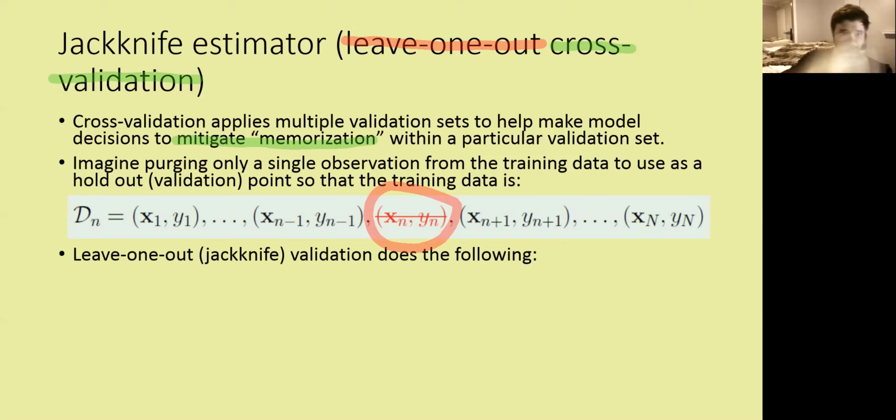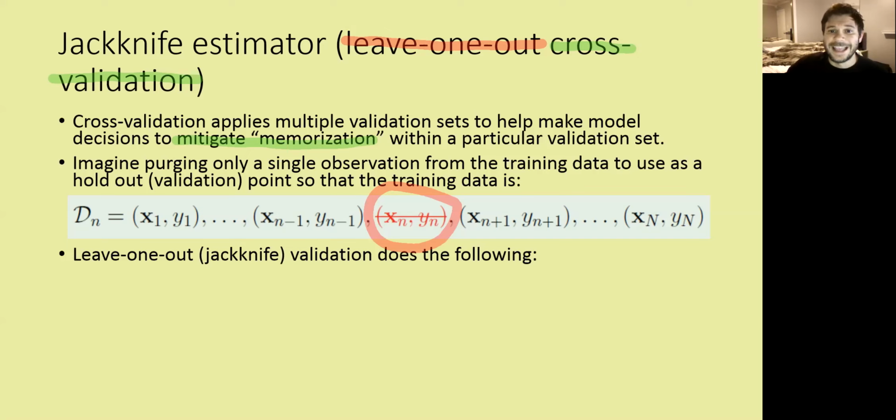Imagine we keep doing that over and over such that we now have n different errors that we've computed by using every single data point as a holdout data point in one of n different models that we've built this way. Each model, we hold out one data point, we build the model with the rest of them as the training data, and we keep looping through all n observations in the data set.